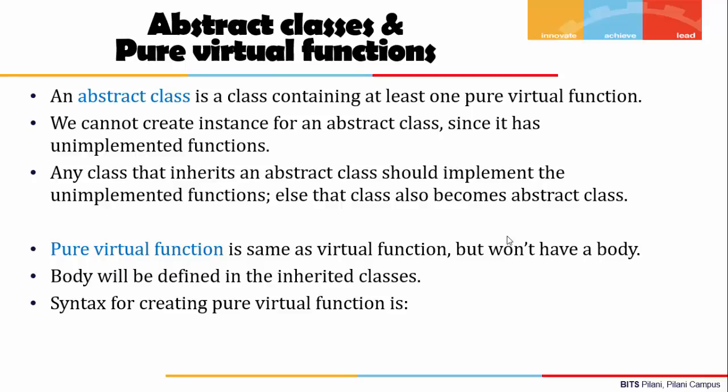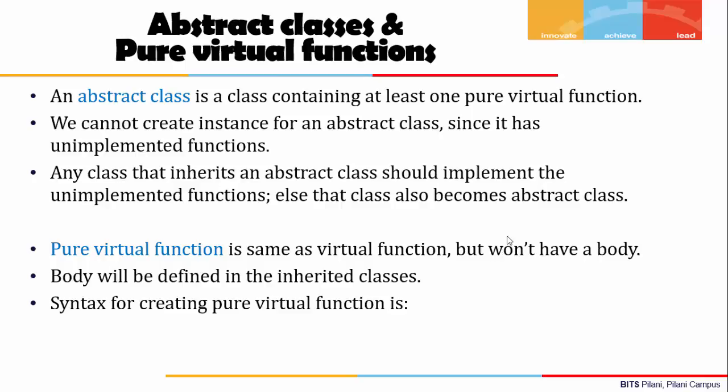So what is a pure virtual function? A pure virtual function is a virtual function where the expression equals 0 is added. Whenever that expression, equals 0, is added to a virtual function, it becomes a pure virtual function. Adding equals 0 to a virtual function doesn't assign a value.